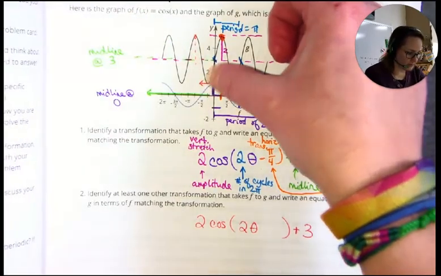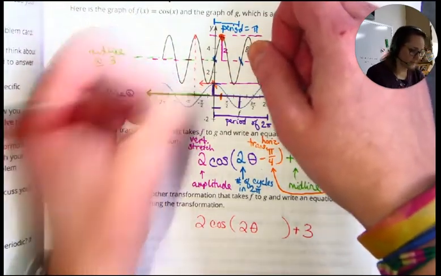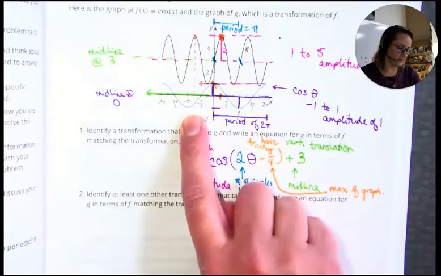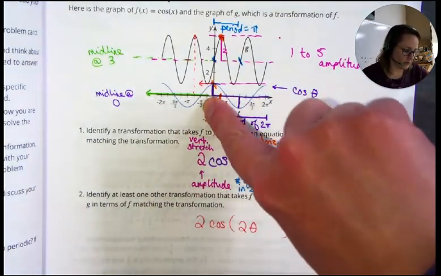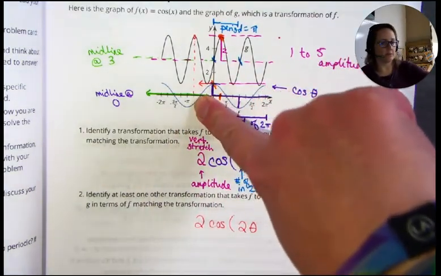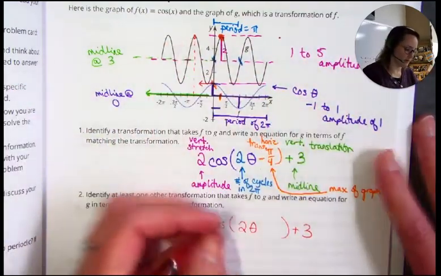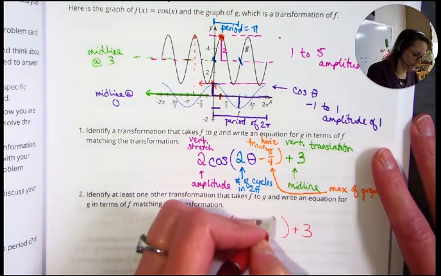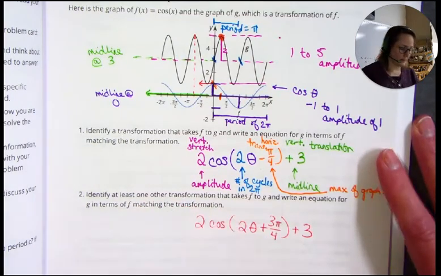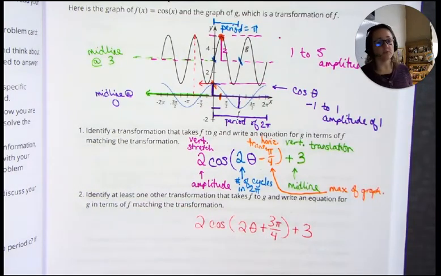See how I have another maximum that's about to start heading downward. And I see that that looks like 1 pi over 4, 2 pi over 4, a minus 3 pi over 4. But I'm moving it to the left, and please remember that left means plus 3 pi over 4. So a different way that I could go about it is just to shift it the other direction.